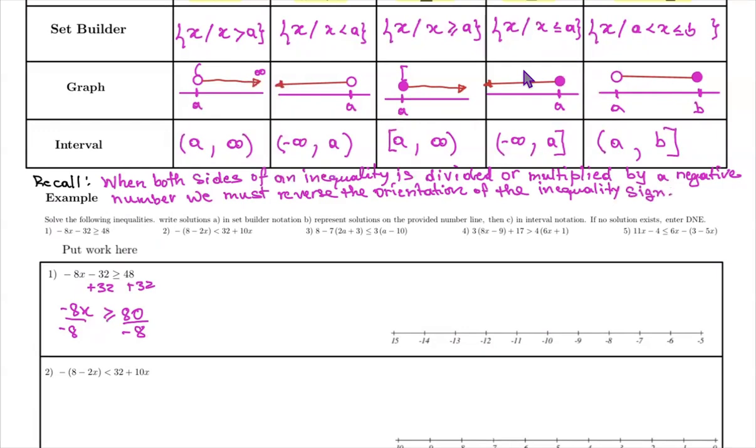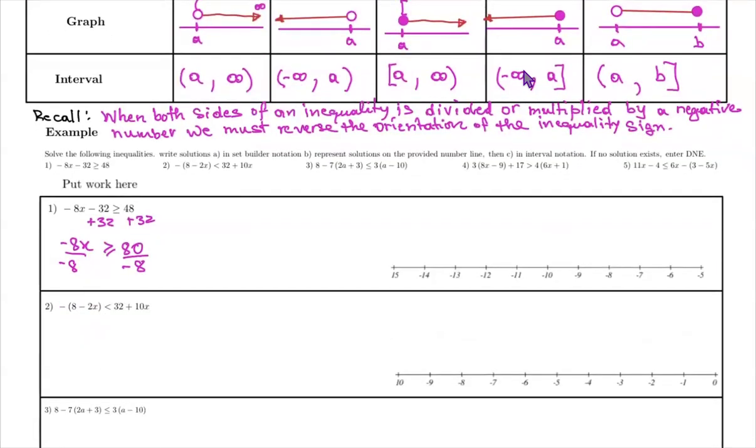So with that, after dividing by -8, instead of having x greater than or equal to, we're going to have x less than or equal to -10. The fact that we divided by -8 reverses the orientation of the inequality sign.